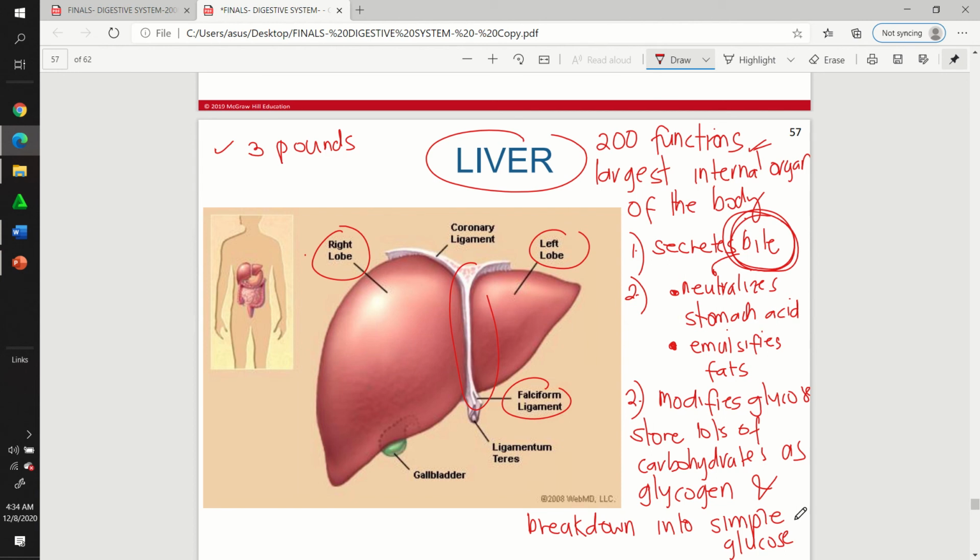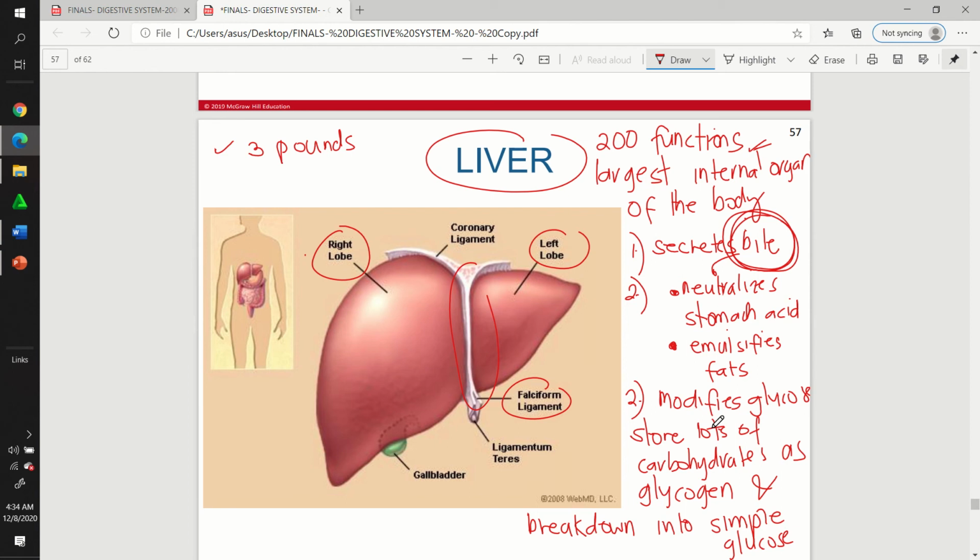Kasi pag nakita niya yan, oops, this food contains a lot of glucose. Kaya gagawin niya, store lots of your carbohydrates as glycogen, and then break down into simple glucose, and then put that back into the blood.